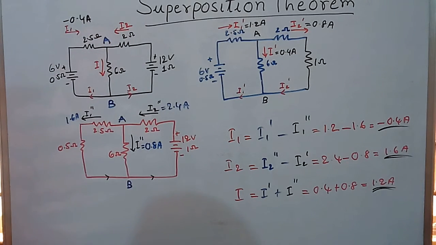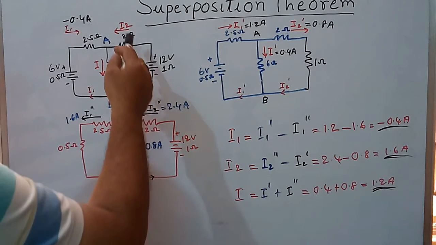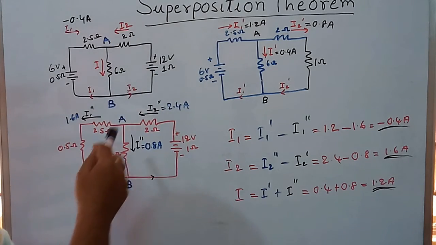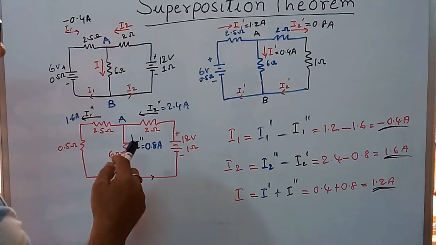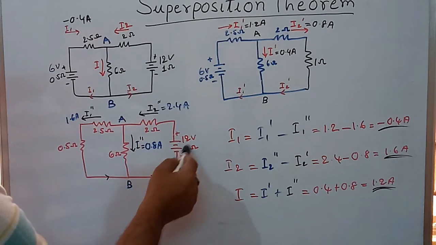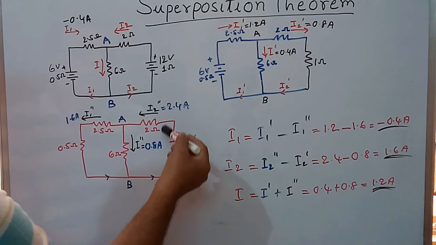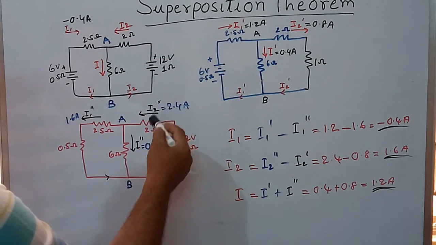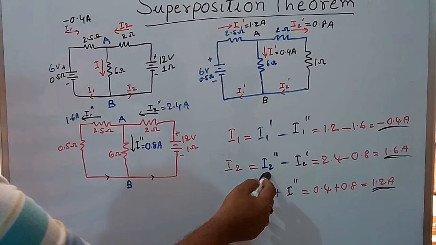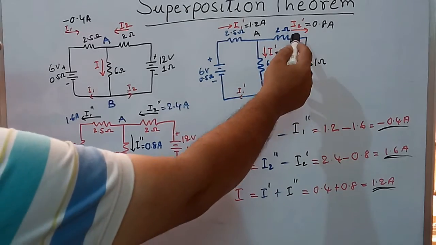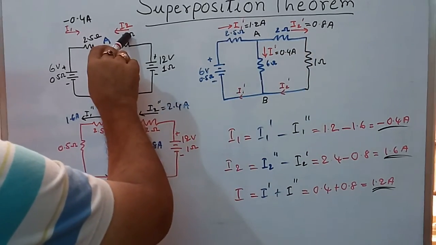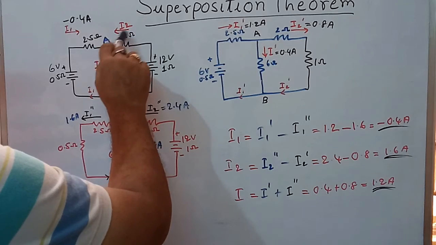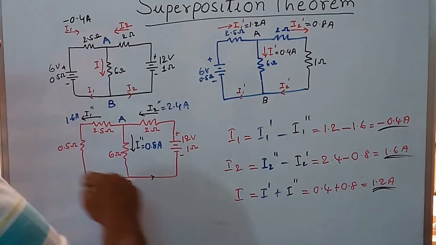Now let us find the I2 current. When the 12 volt EMF is acting, it is as shown in the arrow. So I2 double dash, and I2 dash is opposite to that of the current direction shown here.